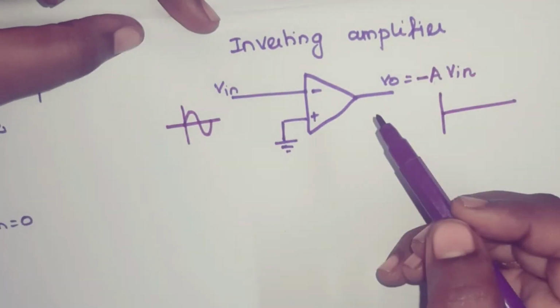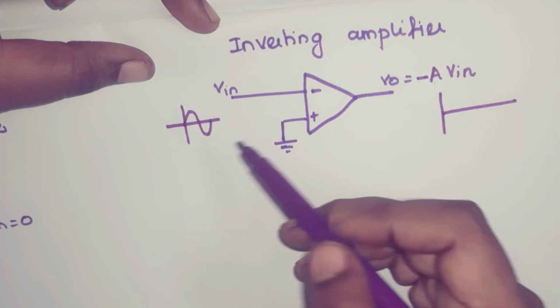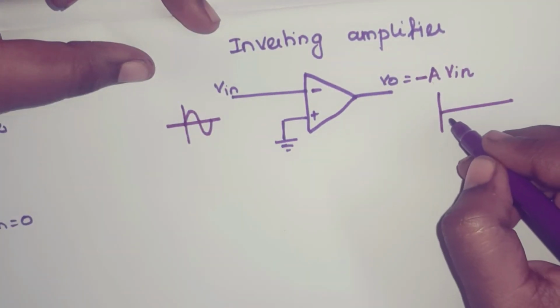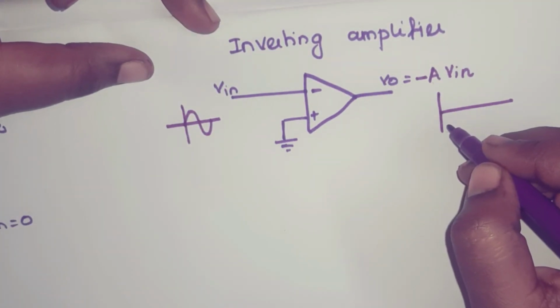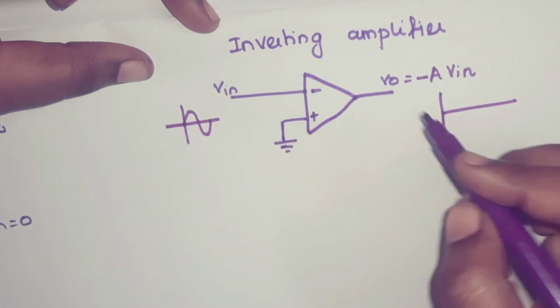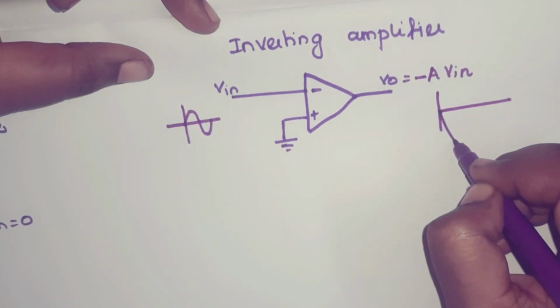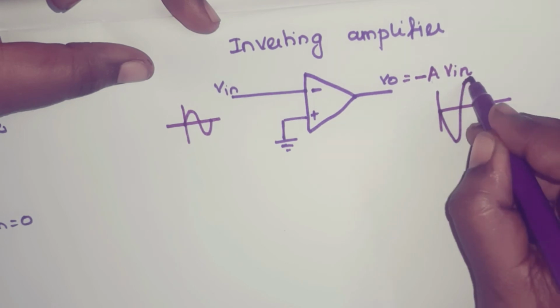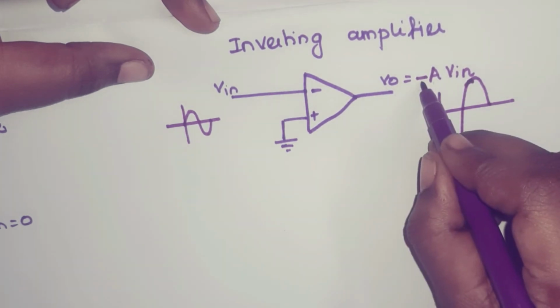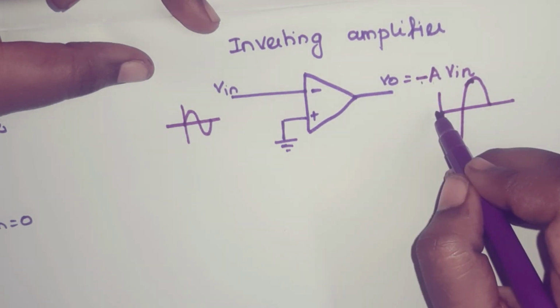If you are applying a sine waveform at the input, you get an amplified sine waveform but 180 degrees out of phase with that input. So you get the signal like this, and this negative sign indicates the 180 degree phase shift.